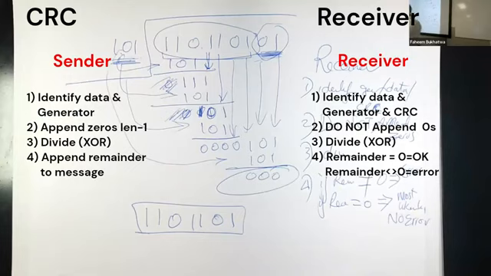You can send while you're doing the check. Also, it has very low redundancy, a very high rate of error detection, and it's extremely fast. So far, this is the best error detection system and the most used in the world.